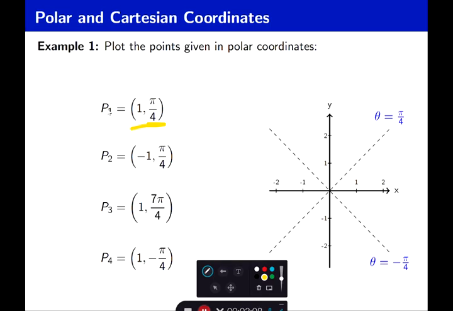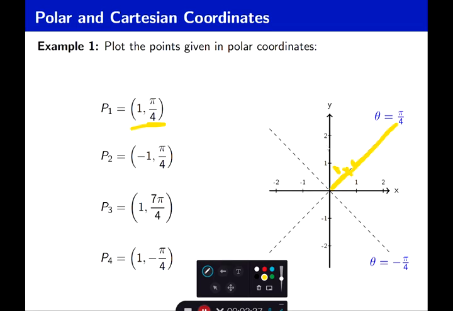We find the angle and the ray that makes pi fourth. Then on that one you separate 1, and that would be the point 1 and pi fourth.